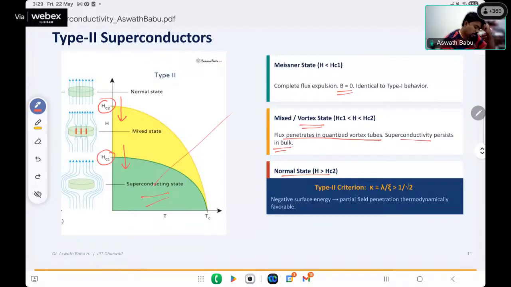So this would correspond to this part, the mixed state would correspond to here, and without any superconductivity corresponds to this.